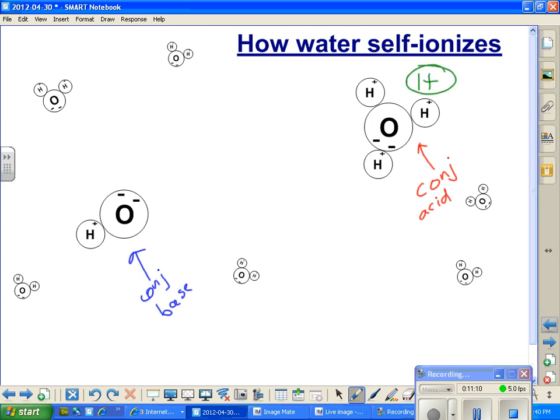And how many pluses here on the conjugate base on the left side? Okay, 1 hydrogen carries a 1 plus, and the oxygen is 2 minus. What's the net charge? 1 minus. That's where those negatives and positives come from.